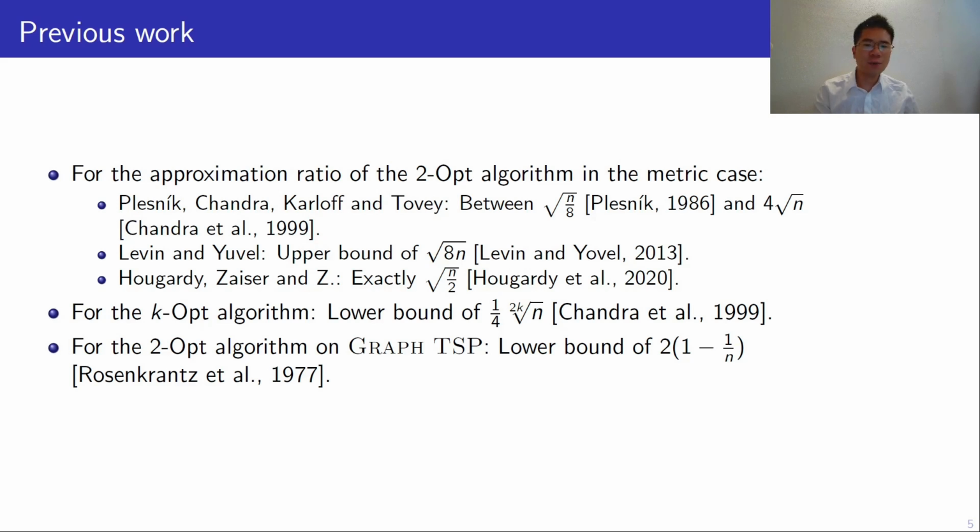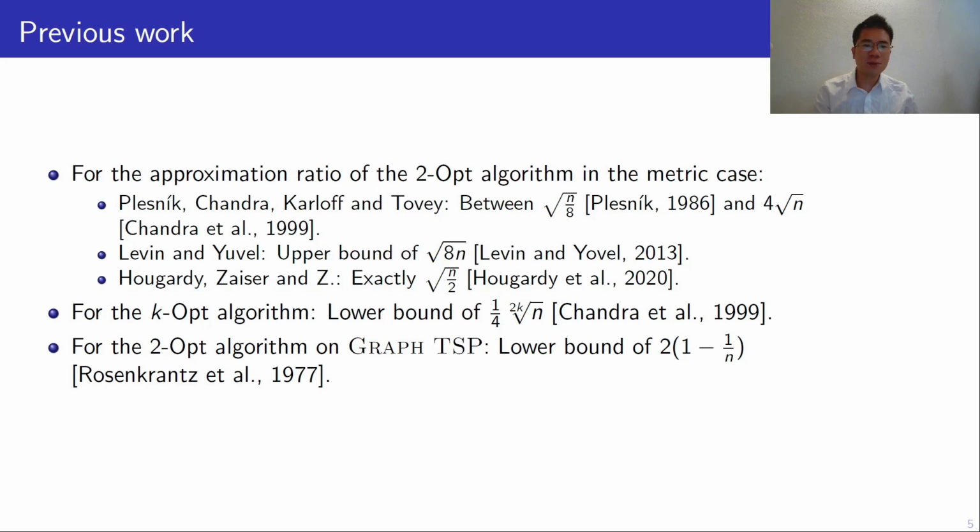For the k-opt algorithm, only a lower bound of a quarter times 2k-th root of n is known, and no other non-trivial upper bounds. Of course, you can take the upper bound of the 2-opt algorithm and apply it for the k-opt algorithm, since the k-opt algorithm also produces 2-optimal tours.